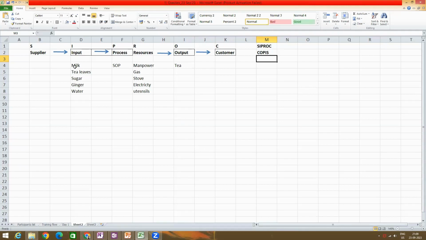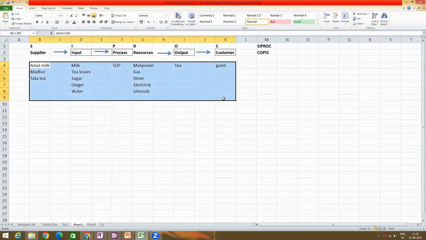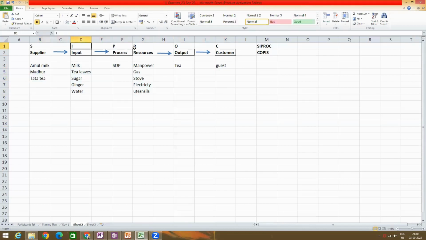In this example of making tea, your Amul milk, Madhur sugar, and Tata Tea are examples of suppliers. The customer is a guest. So we understood the supplier, input, process, resource, output, and customer. The next thing to understand is the output.